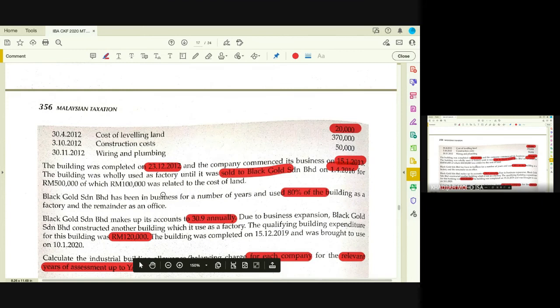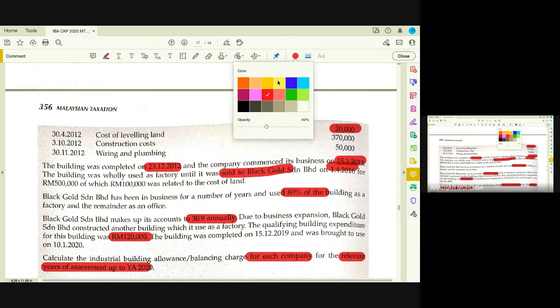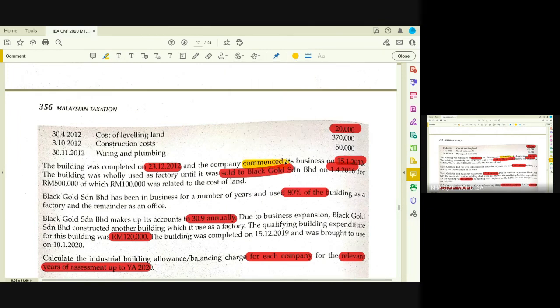Okay, careful. The building completed in December, but the company commenced business, this is very important, only on 15th of January 2013. So remember that as long as the company has not commenced business, the company cannot claim anything.